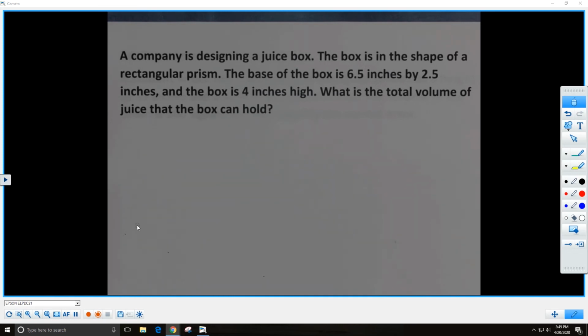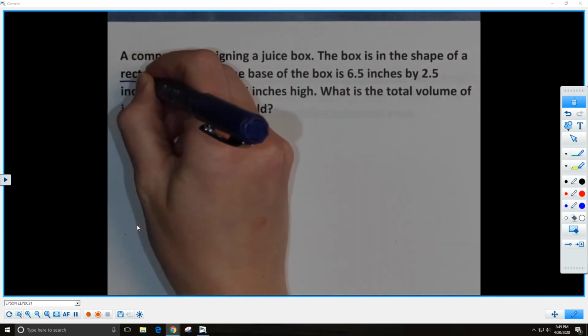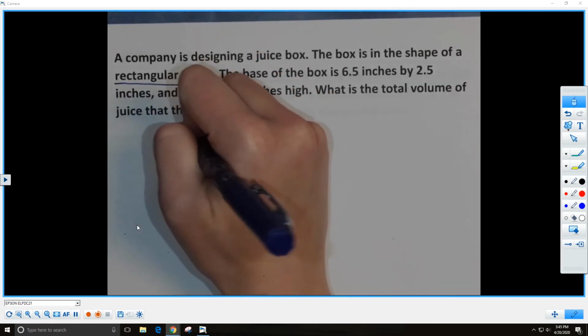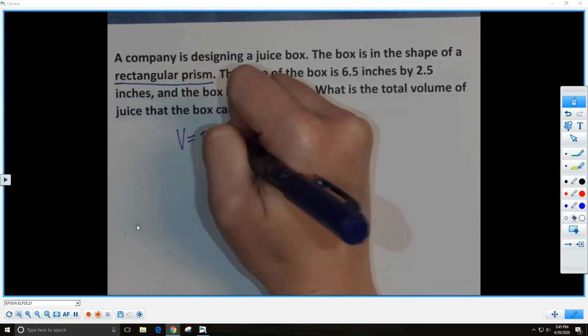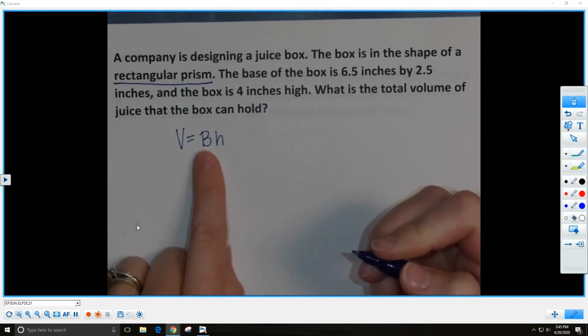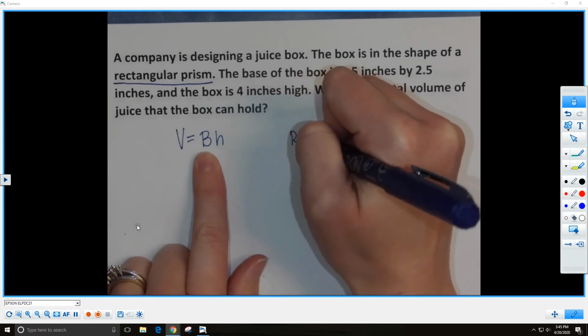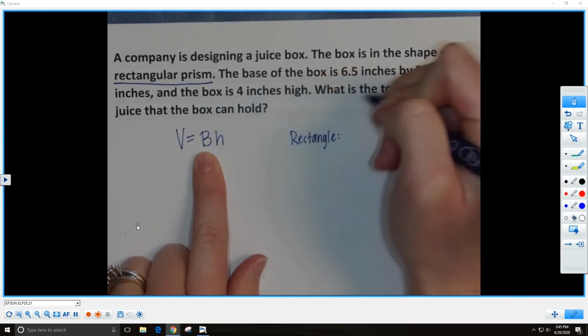So the problem tells us that the box is in the shape of a rectangular prism. So I hope that you figured out that a rectangle is going to be the base of the box. So when we're doing volume equals the area of the base times the height, the base in this case is a rectangle. So we need to find the area of that rectangular base.